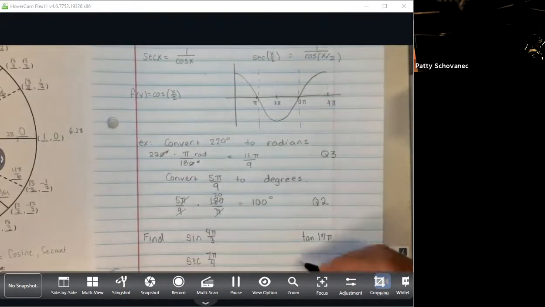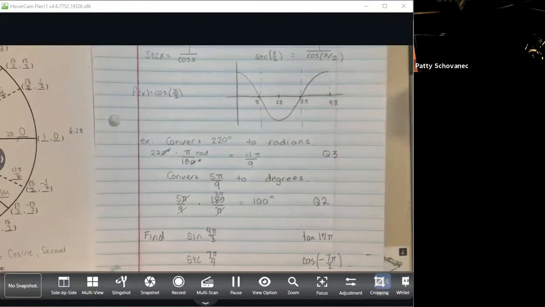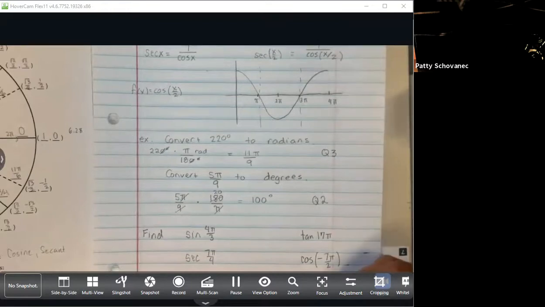Let's see, which one do I have? I need a cosine. Cosine of negative 7 pi over 2. I'm missing one. Which trig function am I missing? Cosecant? Cosecant, let's do another negative angle. Let's go with negative, I want to do it over 6. How about negative 15?